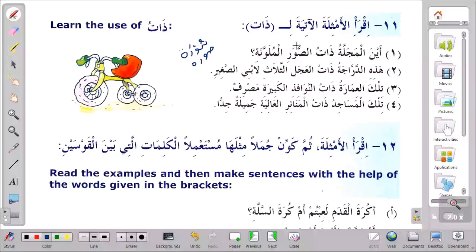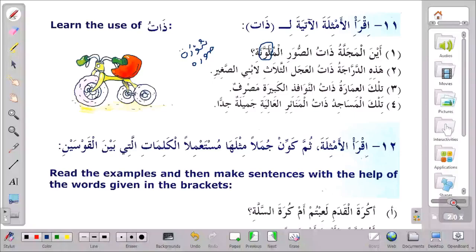So here, Zatu Suwari al-Mulawanati, with pictures that are colored. The last time I told you, lawn means color, launuhu is his color.